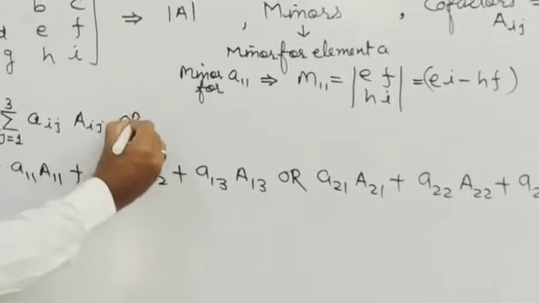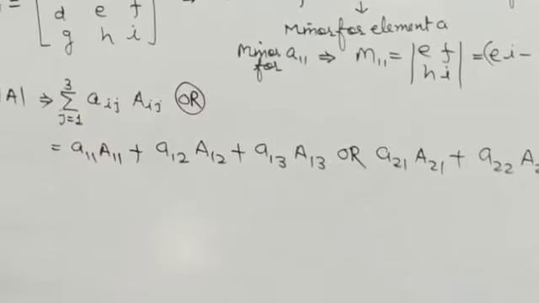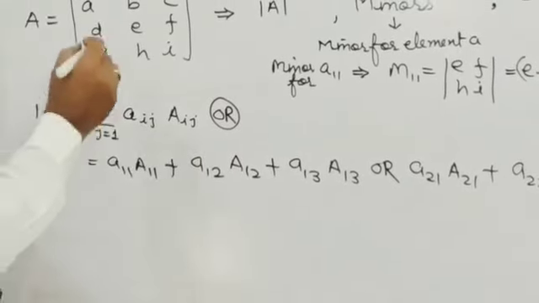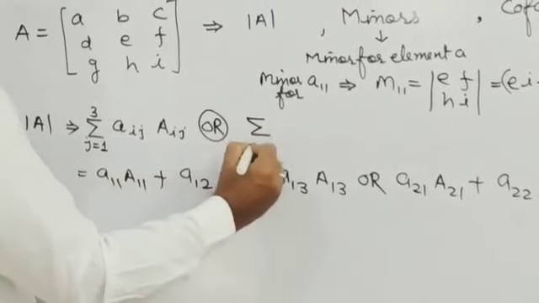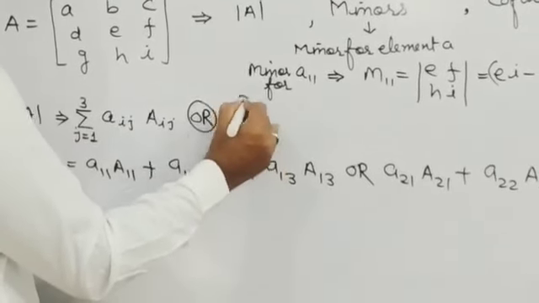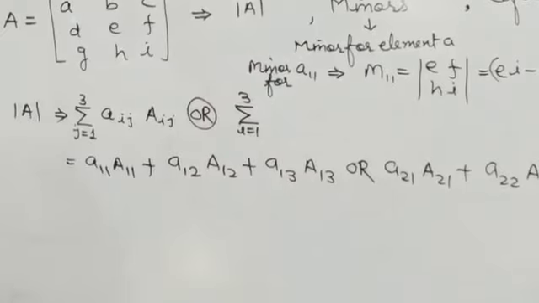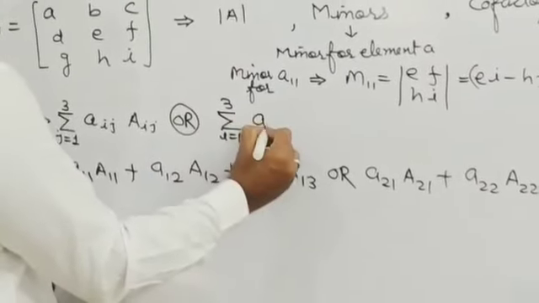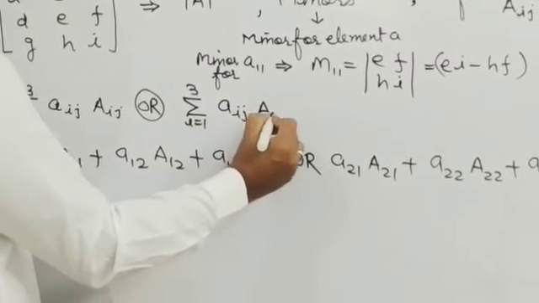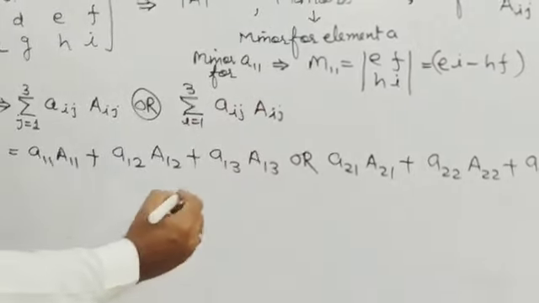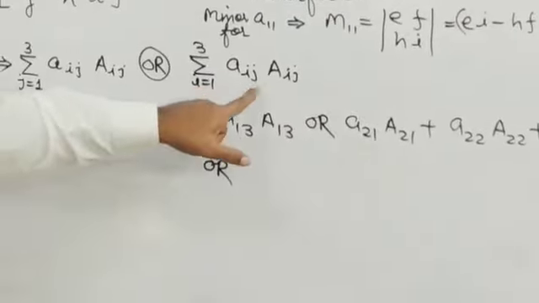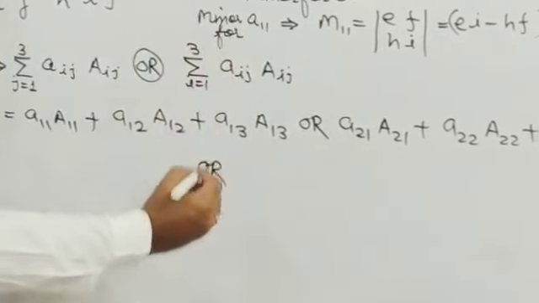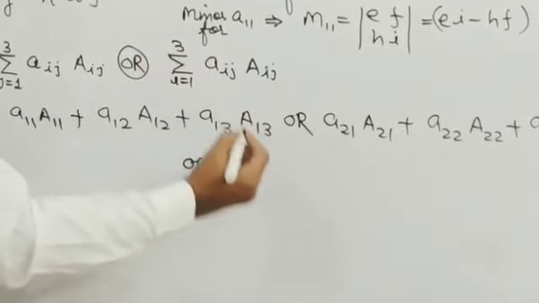Or if I want to expand it column wise, that is also possible and it gives the same value. That can be written in symbolic form. Now i goes from 1 to 3 and you can write aij Aij. Now I am writing in the column way. That means I am putting j as a constant number. Any constant number you can take, either 1 or 2 or 3.